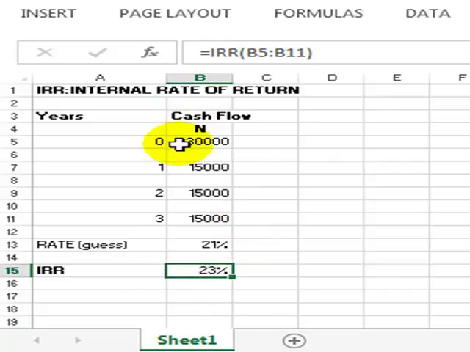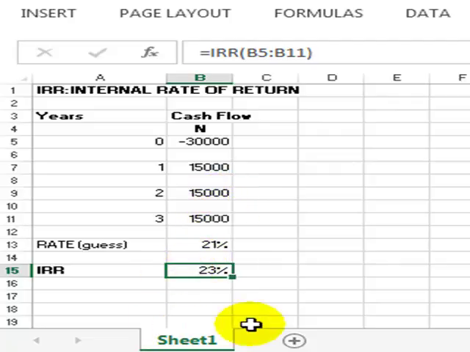So for any cost less than 23% to raise this 30,000 naira, the firm can raise the fund from such a source of capital, and secondly, the firm can decide to invest into that particular project.